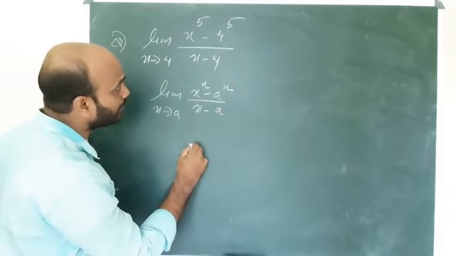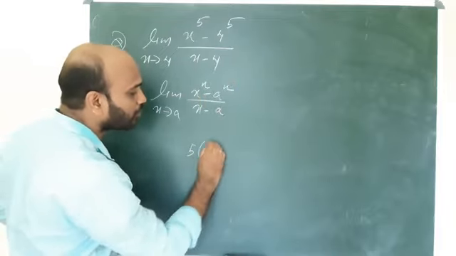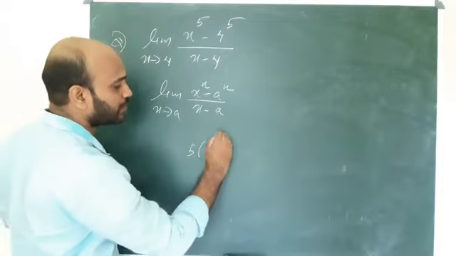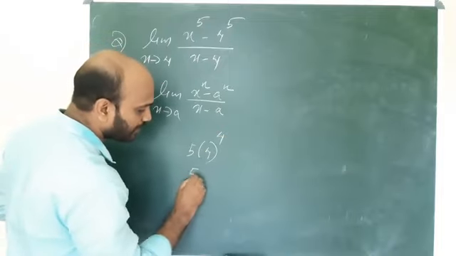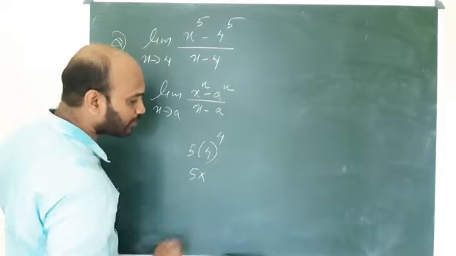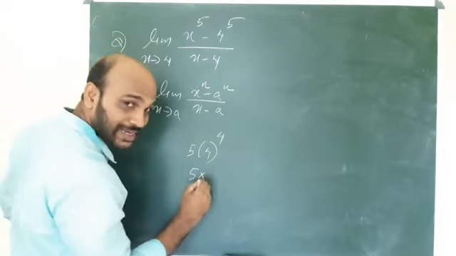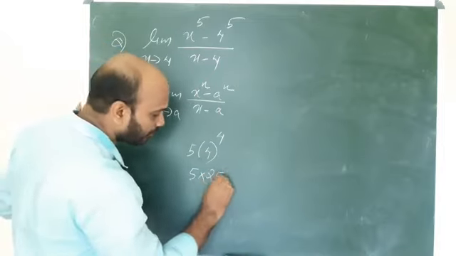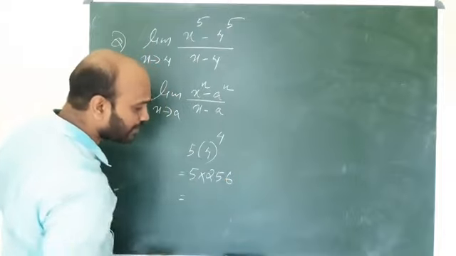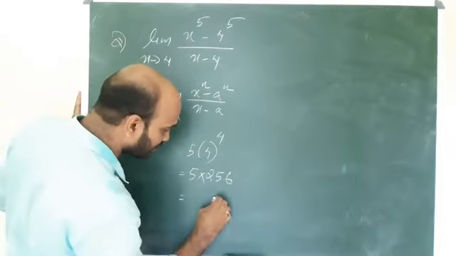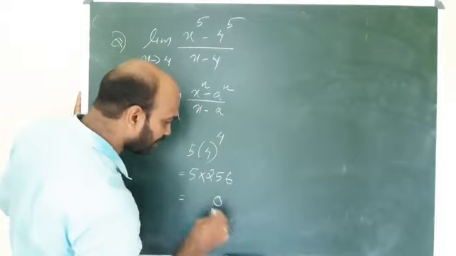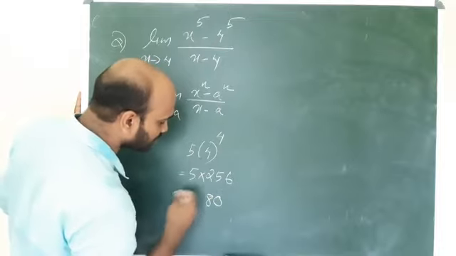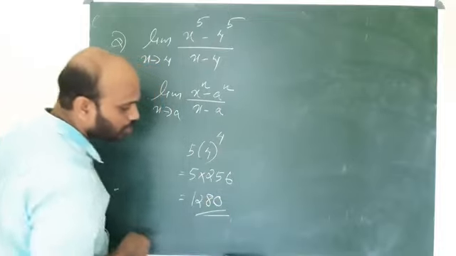Our answer will be 5 into 4 raised to n minus 1, that is 5 into 4 raised to 4, which means 16 and 16, that is 256. Now you have to multiply 256 into 5, that is 1280.